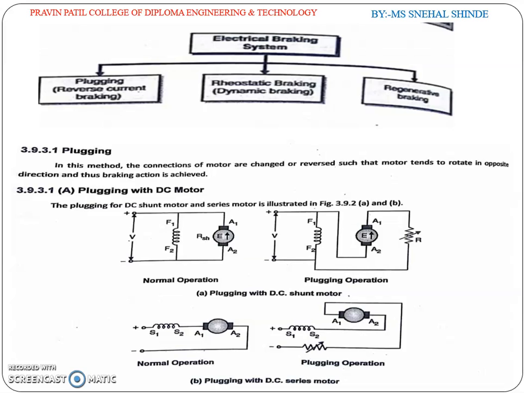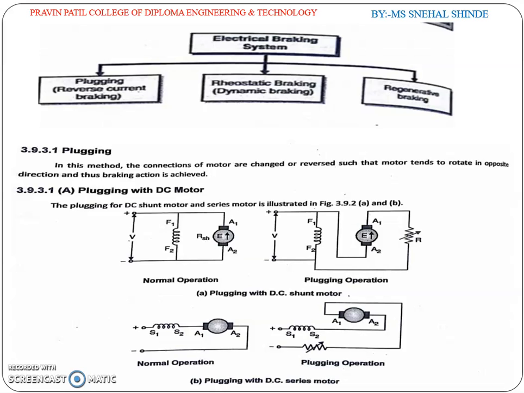Plugging with the DC motor. The plugging for the DC shunt motor and the series motor are shown in the diagram. In normal operation, the armature is connected with the shunt field winding and the voltage is applied. In the plugging operation, we insert a variable resistor in series with the armature winding.